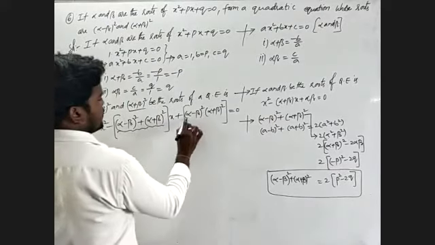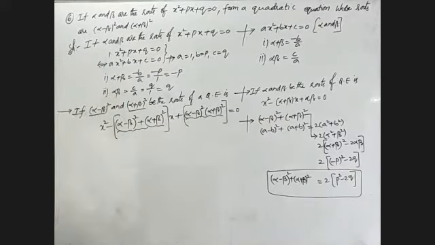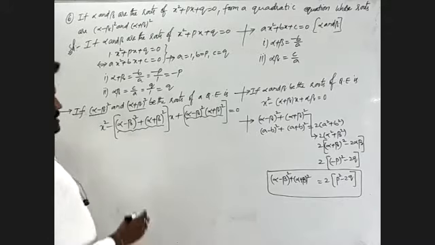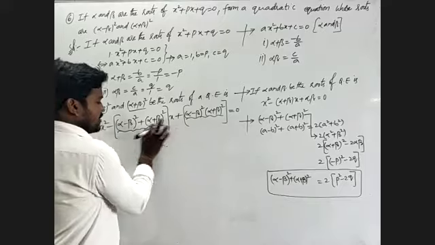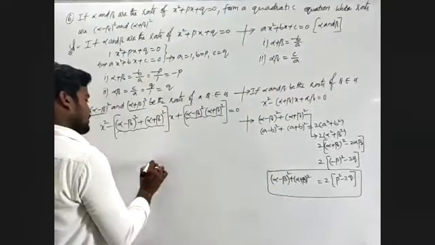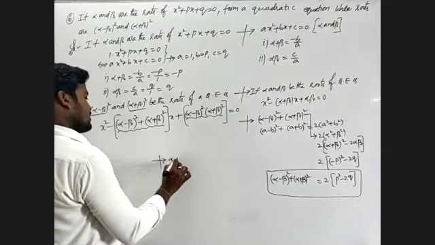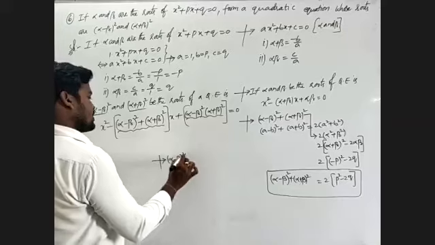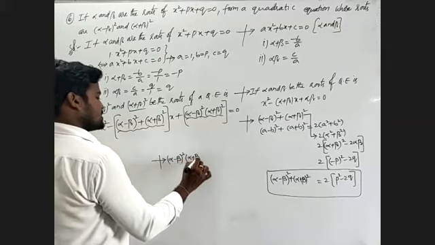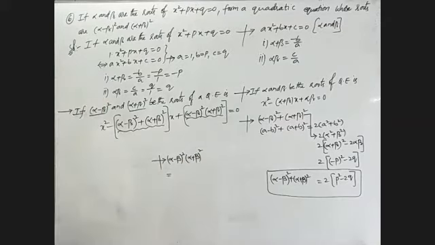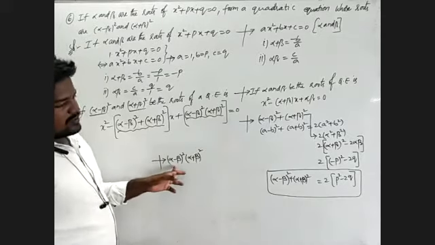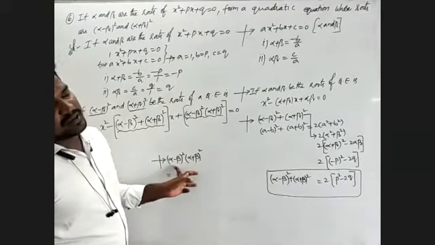Later we have to find out the value of alpha minus beta whole square into alpha plus beta whole square. Again, we'll find the value. What we have to write is the value of alpha minus beta whole square.